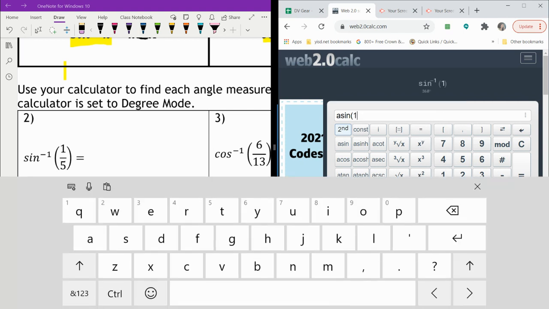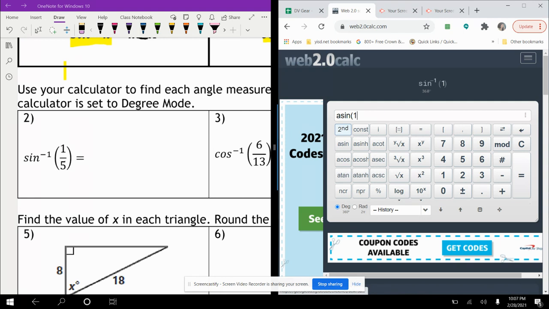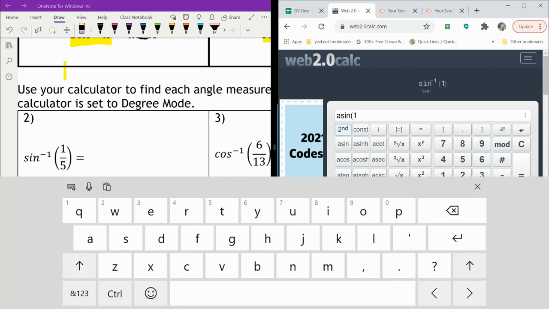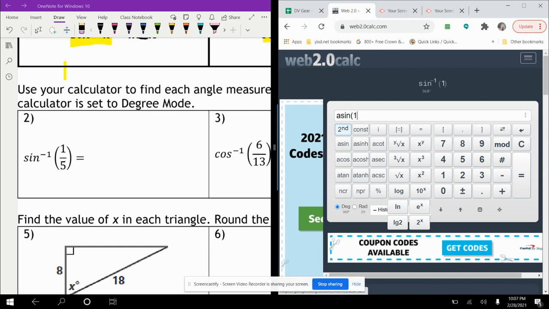1 over, where's the division? Okay, sorry, I'm looking for the division sign, and I do not seem to find it.